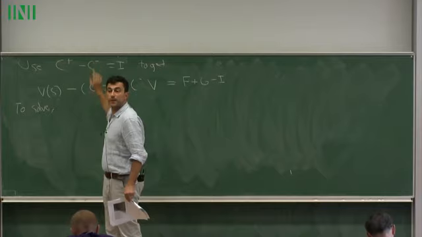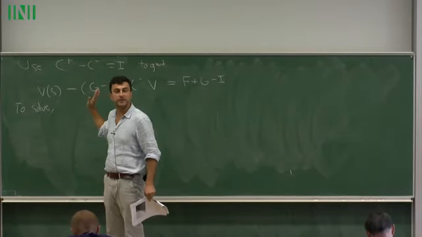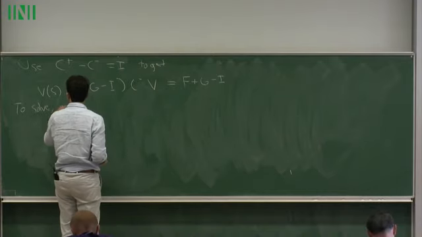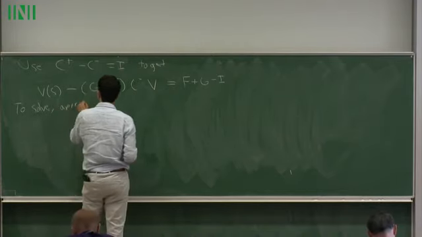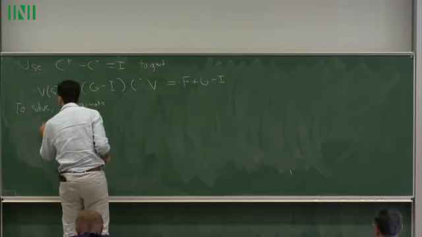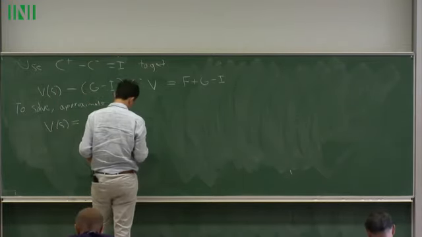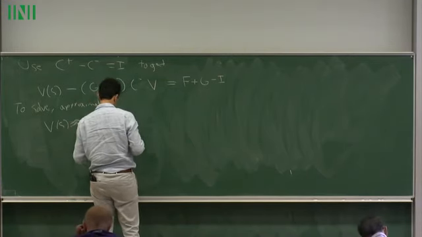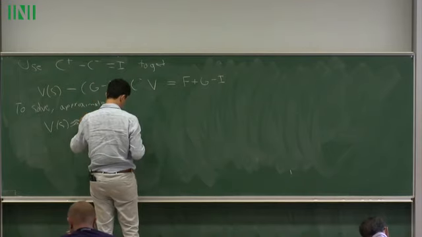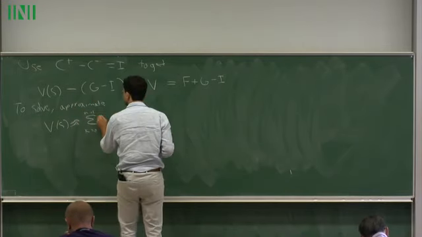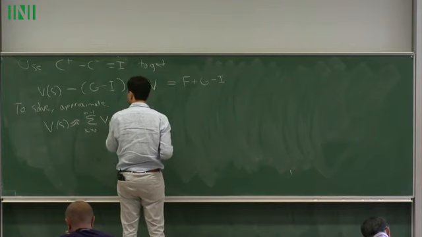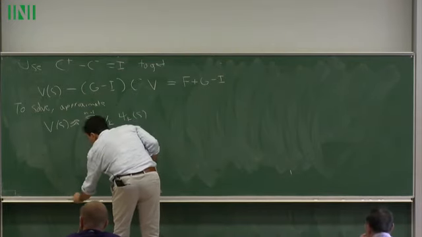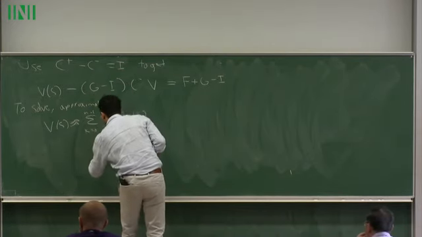And let's discretize this by writing V, or approximating V by an expansion in a basis. Okay, so I'll say these coefficients are unknown.